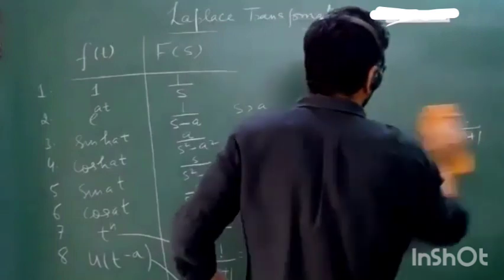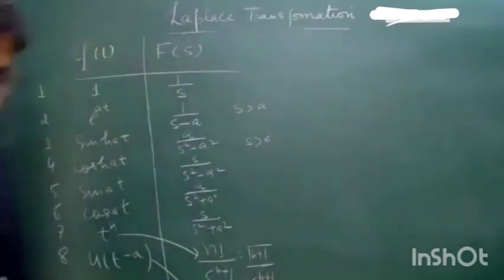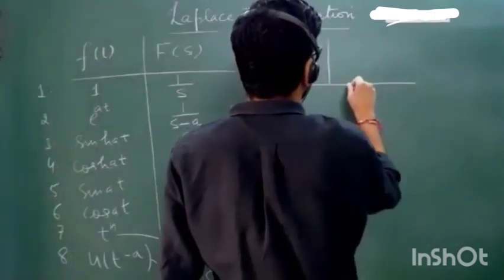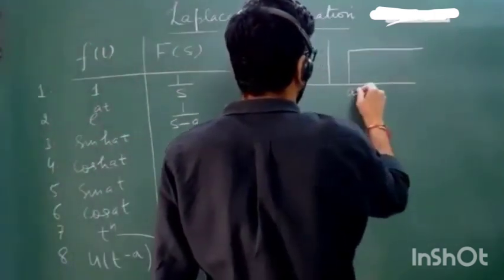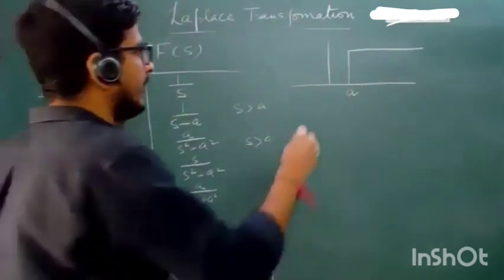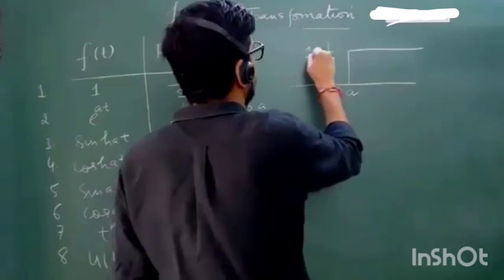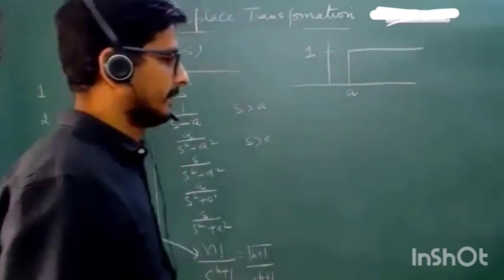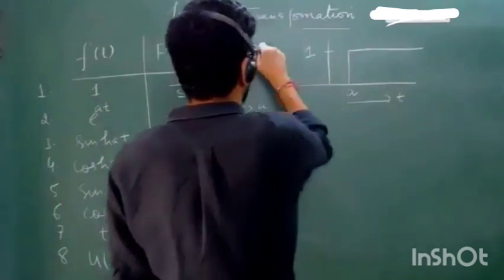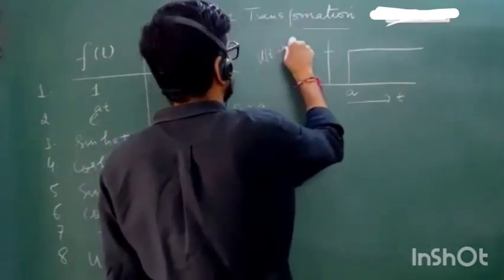Next one is unit step function. So unit step function is like this. This is a, u(t minus a). After a the value will be 1. This is the meaning of unit step function. Correct? This is t and this is u(t minus a).